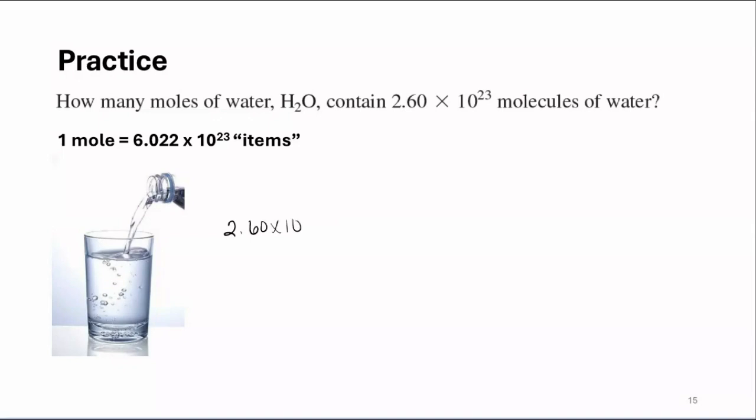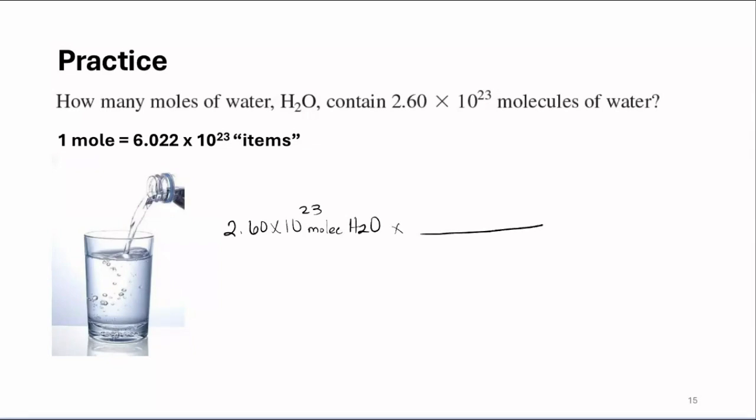So I set up my problem. 2.60 times 10 to the 23rd. Since I know that this is the equality for Avogadro's number, let me write the correct units. This is molecules of water.